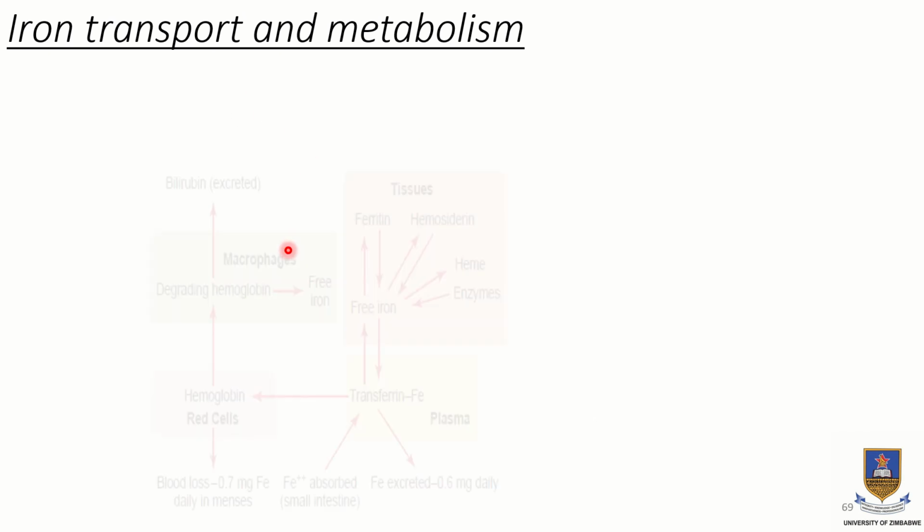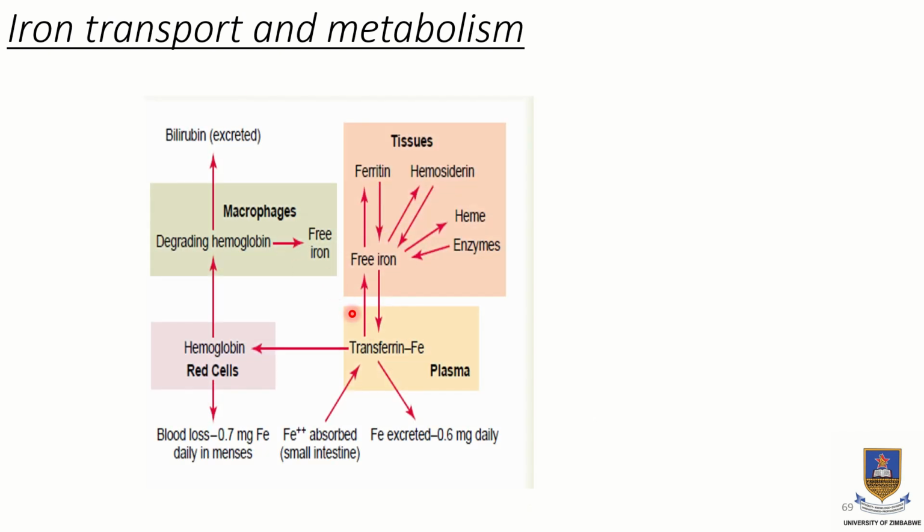So, iron transport and metabolism. Whenever we have free iron, let's say from our diet or from the breakdown of old red blood cells, the degrading of hemoglobin, this free iron, when it's in blood, gets attached to a transporter protein called transferrin.